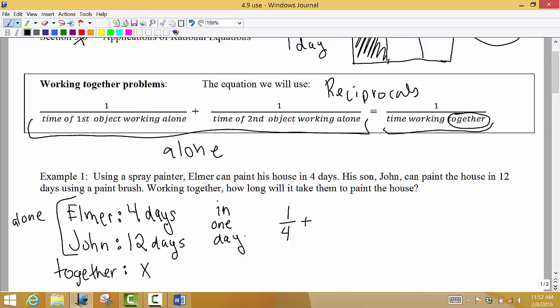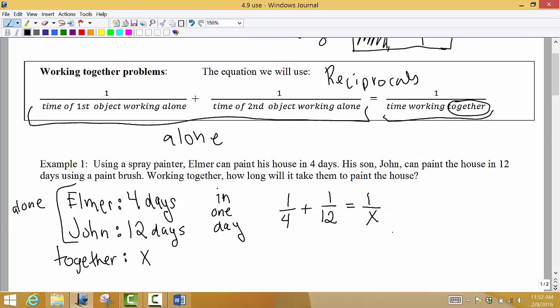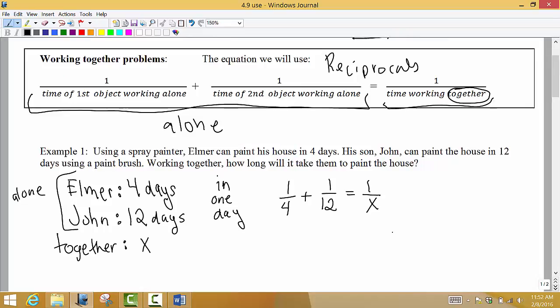Plus John, if he works for 1 day, he's going to finish only 1/12 of the house. Now, if they work together, they can finish 1 out of x amount of the house in 1 day. So the whole entire equation is in terms of what happens for each person alone and together if we are narrowing it down to just what gets accomplished in a single day.